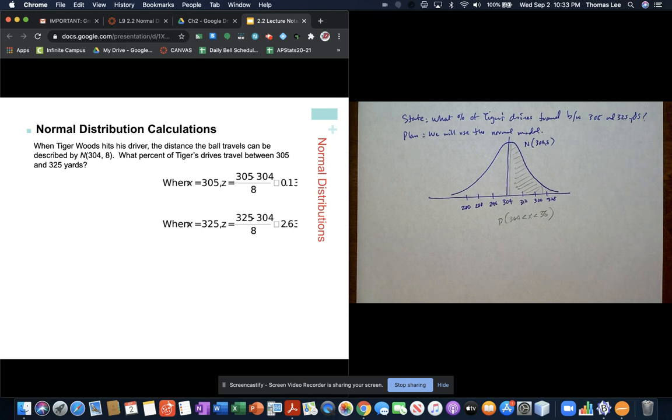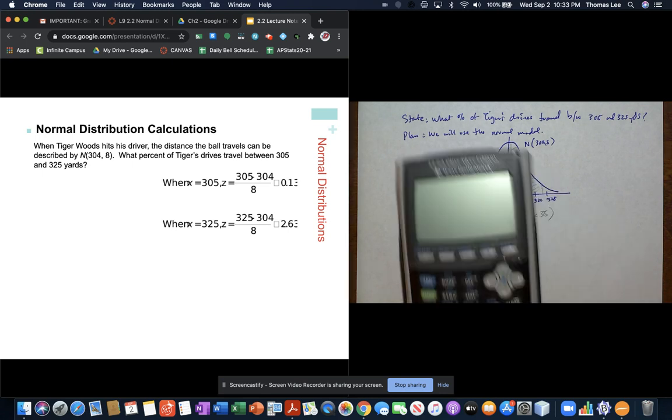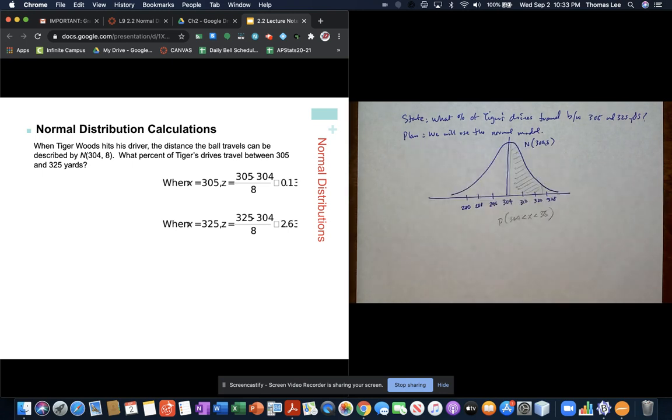We can cheat and go straight to the calculator, but that's not what the process is. So state, plan, do, conclude.